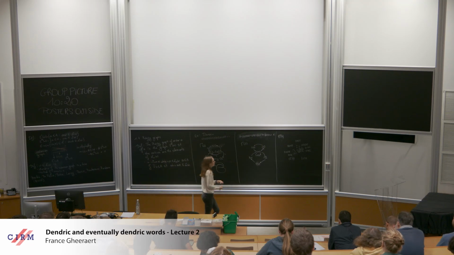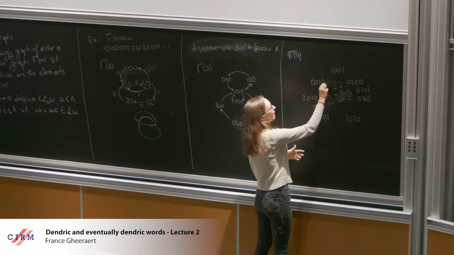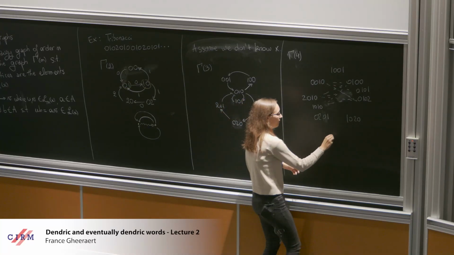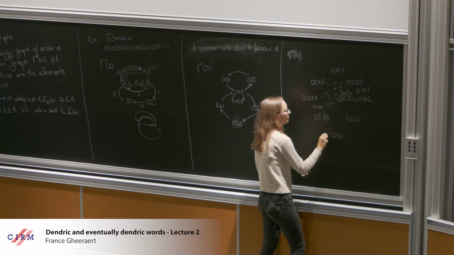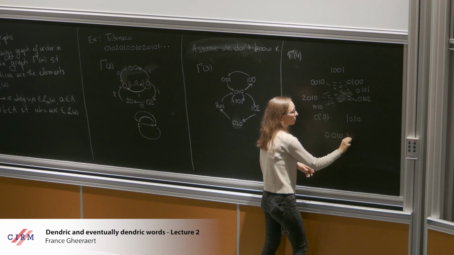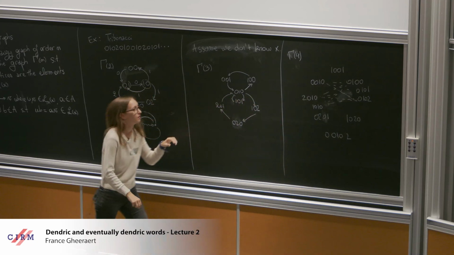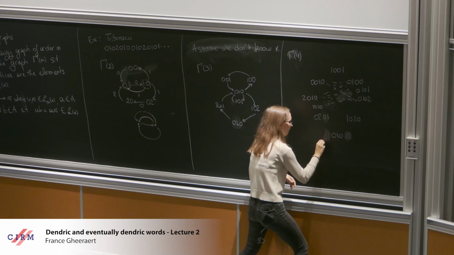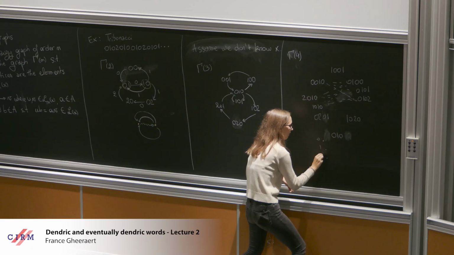And if you look at what it means, having this edge, for example, means that 0, 1, 0 can be preceded by 0 and followed by 2 at the same time. So what you're missing is actually the extension graph.